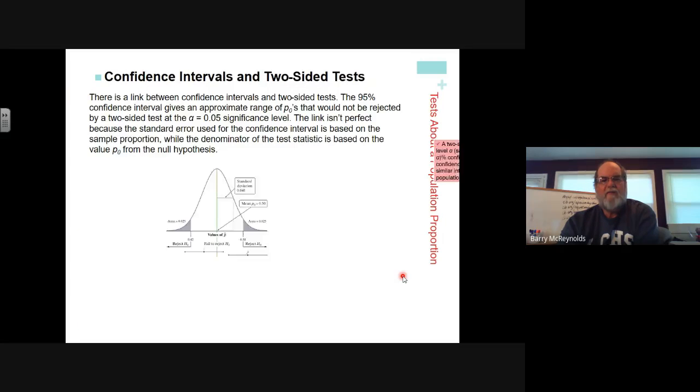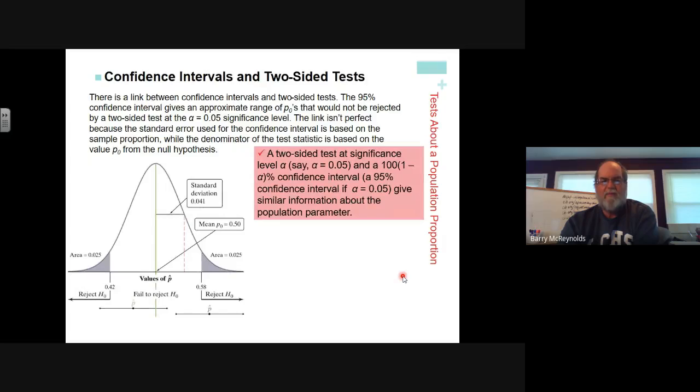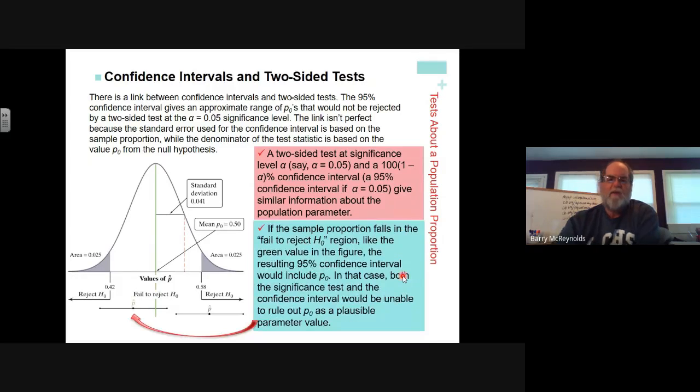And here is just a graphic that helps you interpret how these two things are related. This one is in general terms. This is not talking about Taeyeon's survey here.